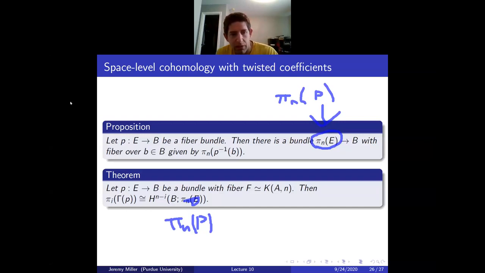This gives you the theorem we proved last time. And you can prove this theorem with the same proof that we used in the untwisted case.